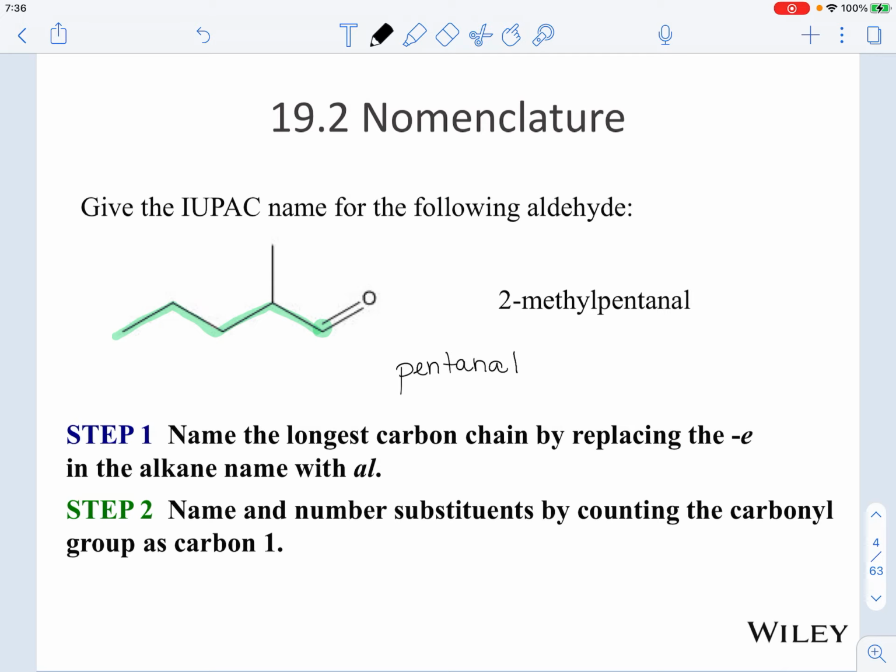Now, when we are numbering aldehydes, understand that always, the carbonyl is going to be carbon 1. So that's why for aldehydes, we don't need to put a locant for the aldehyde because the carbonyl carbon is always carbon 1.